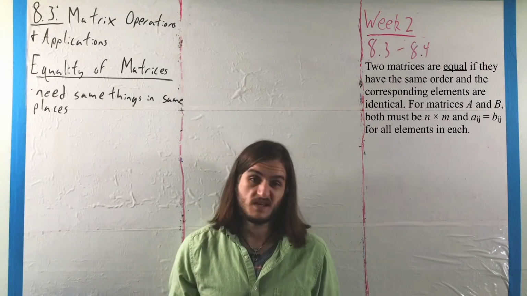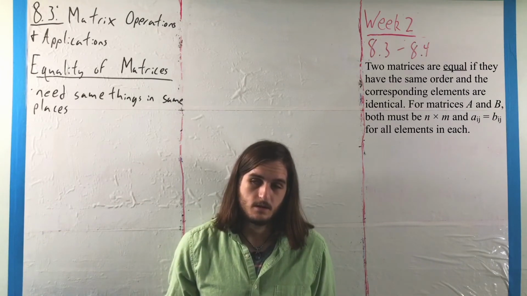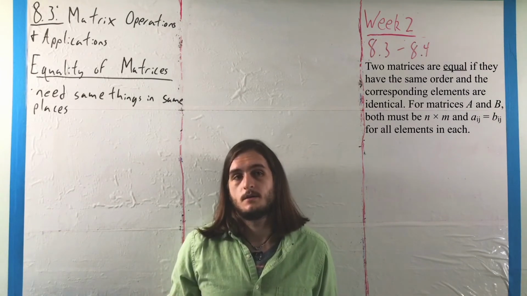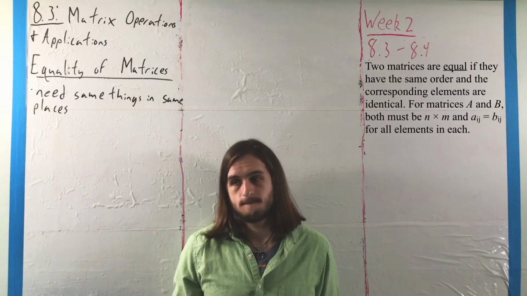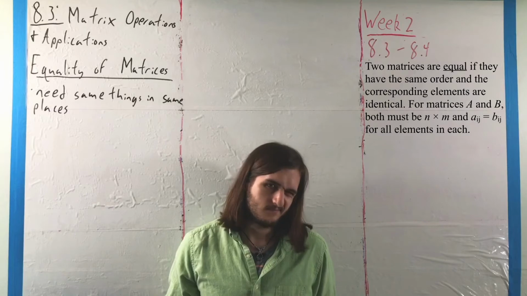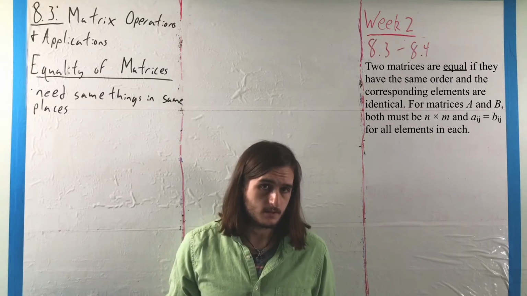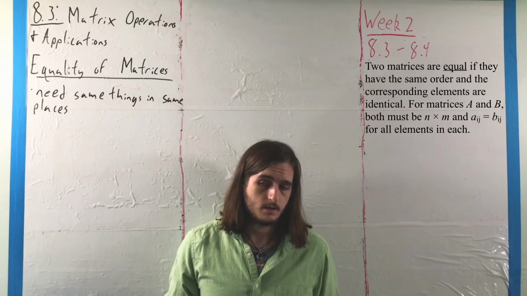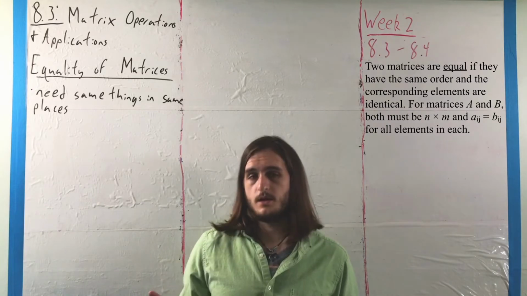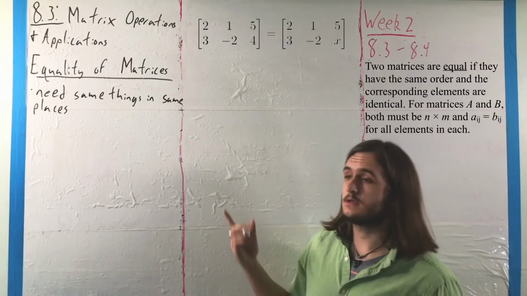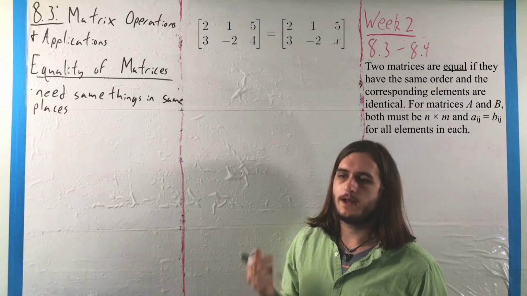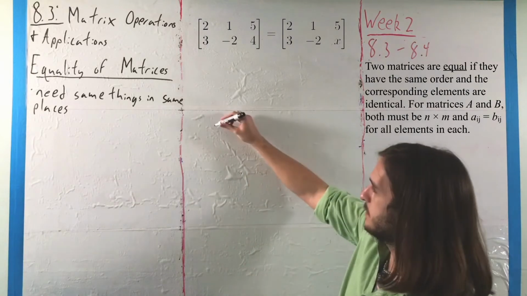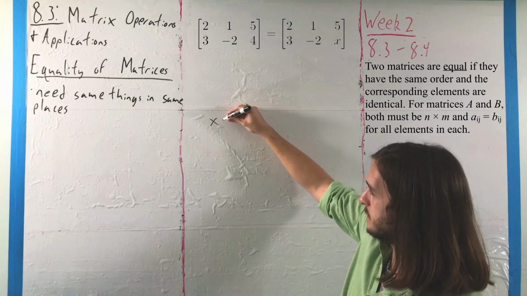So, same pieces in the same places. The notation's a little bit dense for this definition, but if you just think about it logically, it should feel fairly reasonable. And from here, we can think of a pretty brief and basic example with these two matrices here, where we want to determine what x has to be in order for them to be equal.